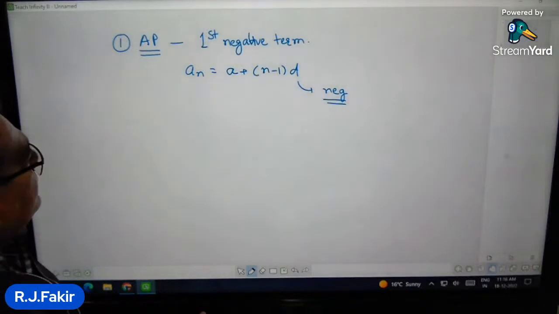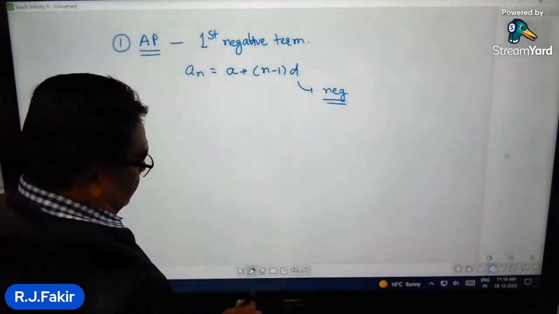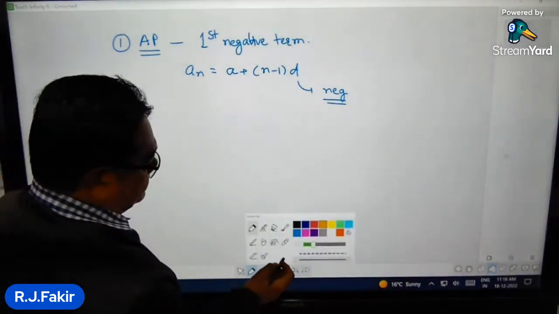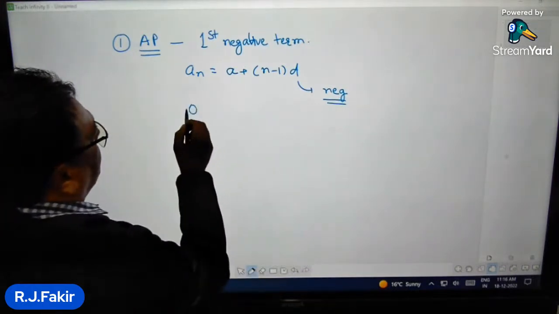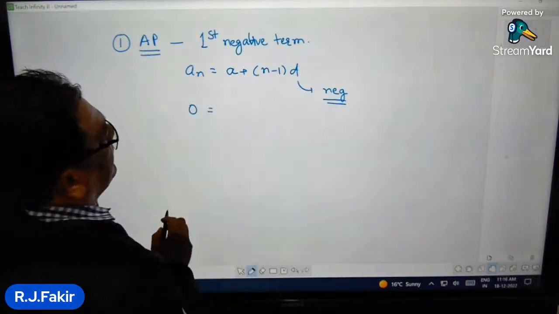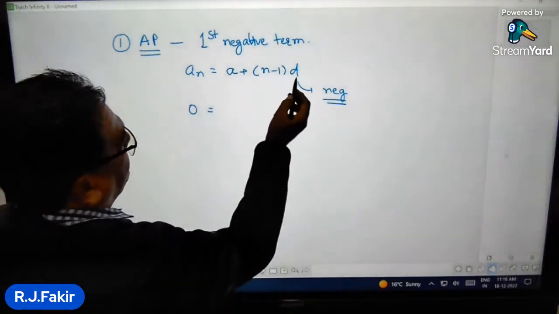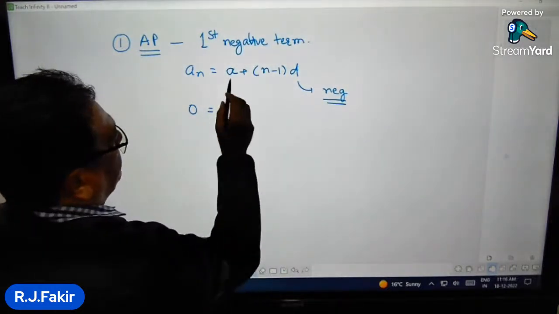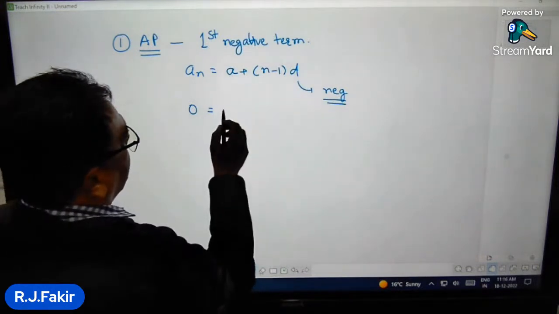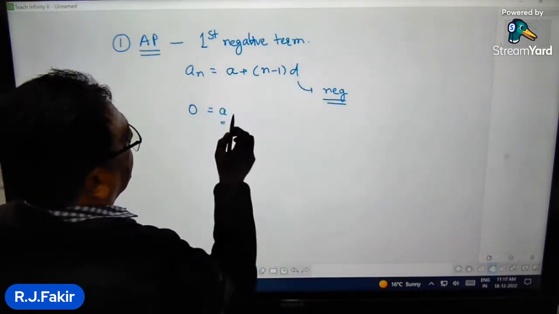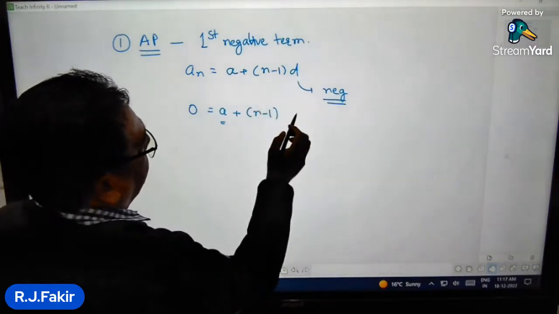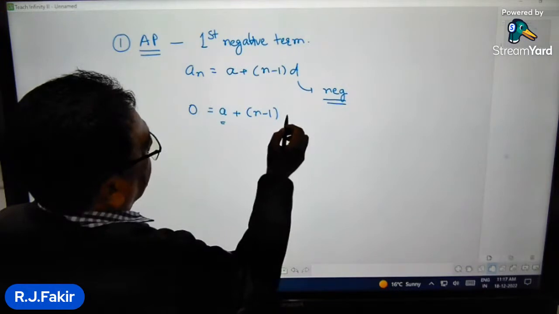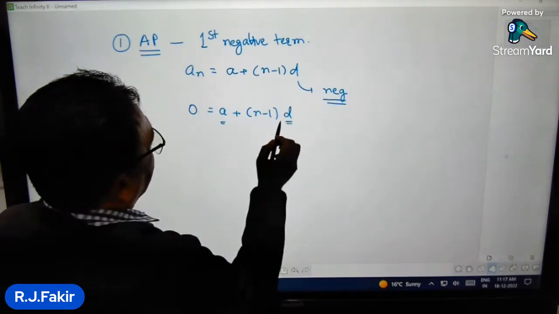So what you can easily do is take this value of An as 0. The values of a and d you can get from the given AP. n basically we have to find. As I said, d is generally negative in such questions.